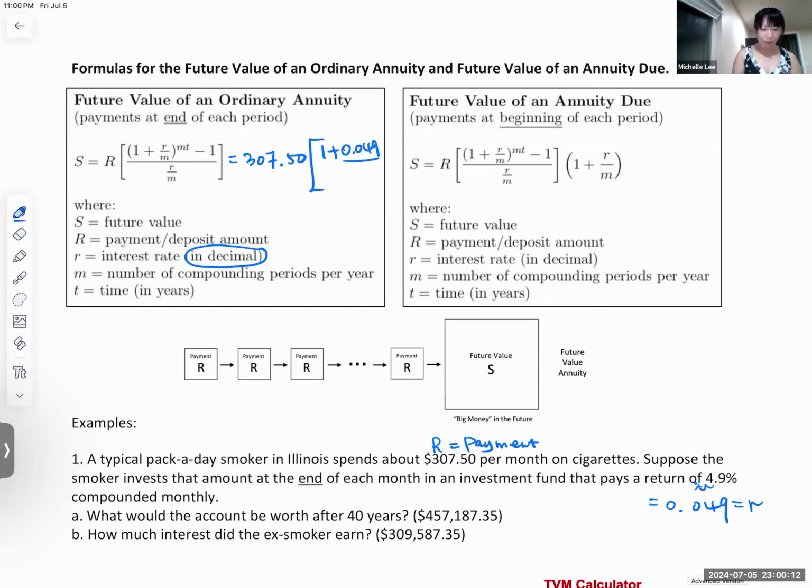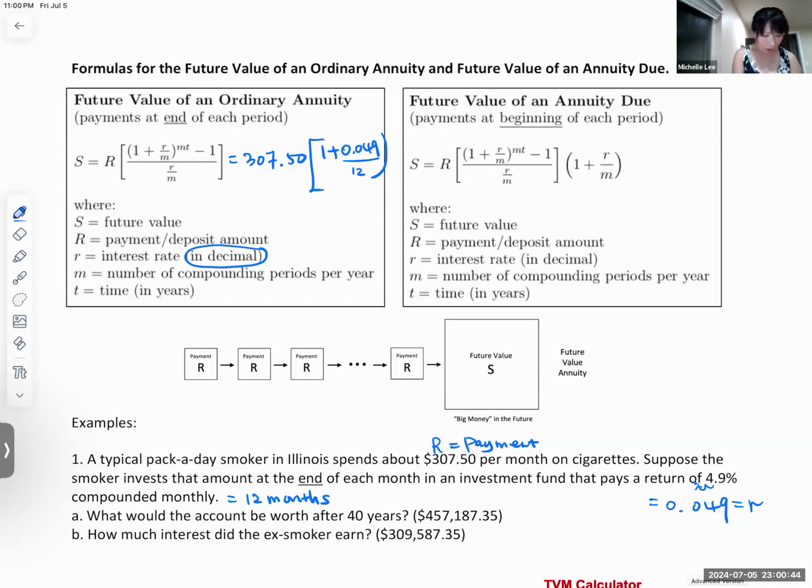M indicates the number of compounding periods per year, right? So we have 12 months because they say compounded monthly, 12 months. So we have 12.